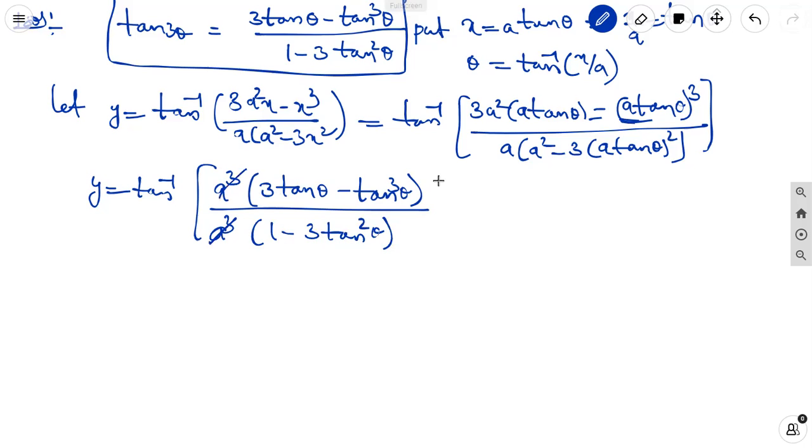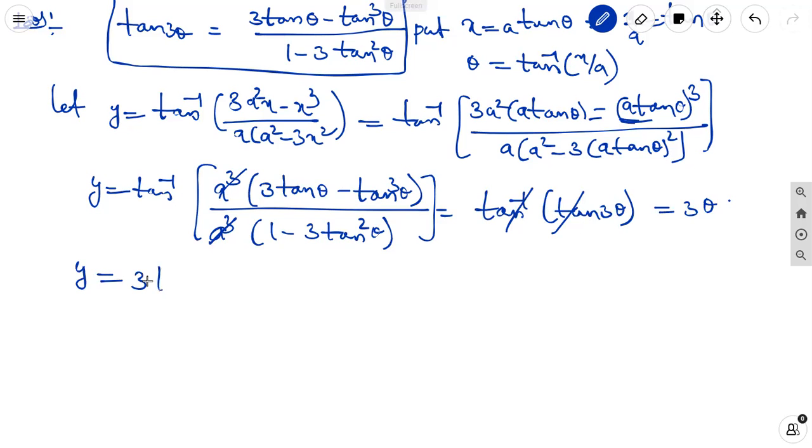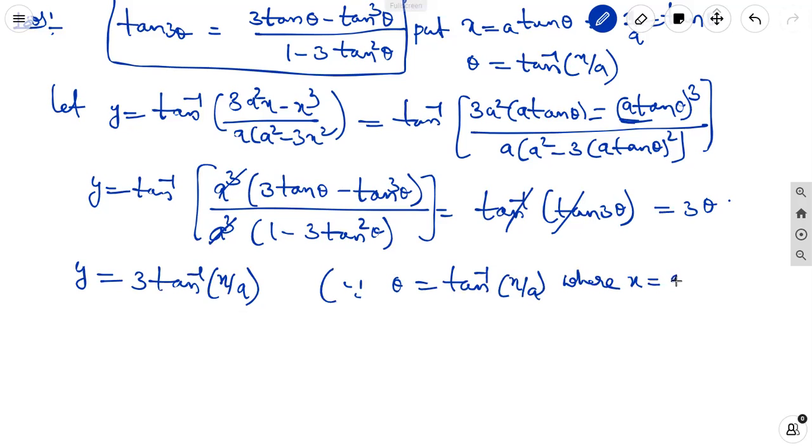A cube cancels, and it is in the form of tan 3 theta, so tan inverse of tan 3 theta, tan inverse gets cancelled, it is equal to 3 theta. So y equal to 3 tan inverse of x by a, since theta equal to tan inverse of x by a, where x equal to a tan theta.